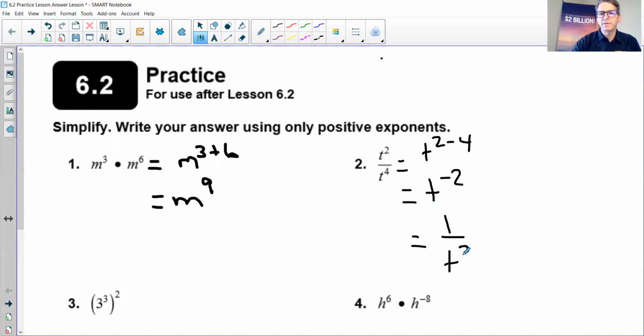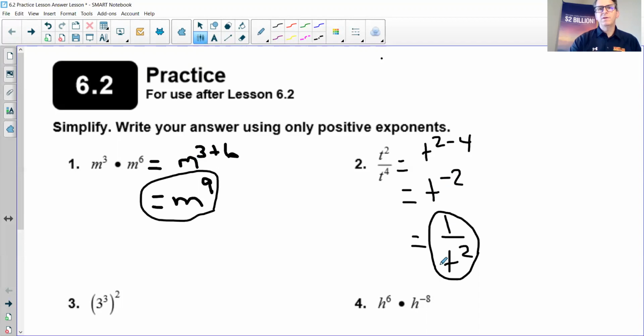That would be your answer for number 2. In both of these, once you get cruising on this, I could see you skipping maybe this one, but you're going to want to be able to show your work like I did on this second one too.